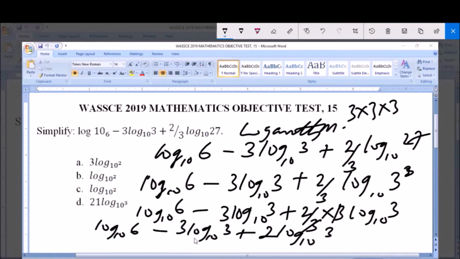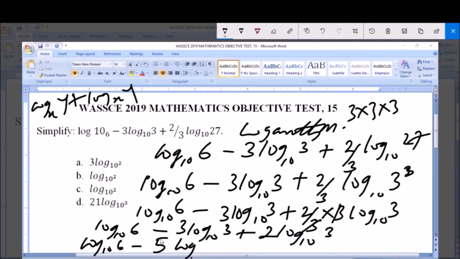So we can actually add these two together because we have the same log base 10. If it's in the format log xy, you can sum them together irrespective of their coefficient. So 2 plus 3 gives you 5. So we will now have log 6 base 10 minus 5 log 3 base 10.